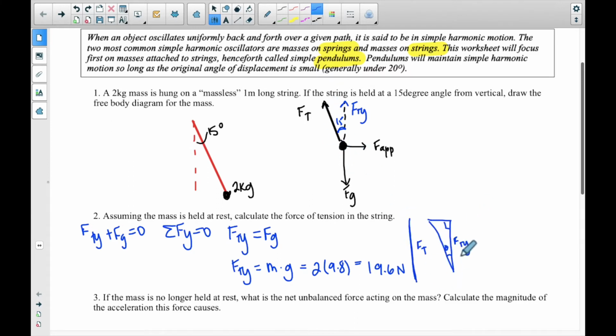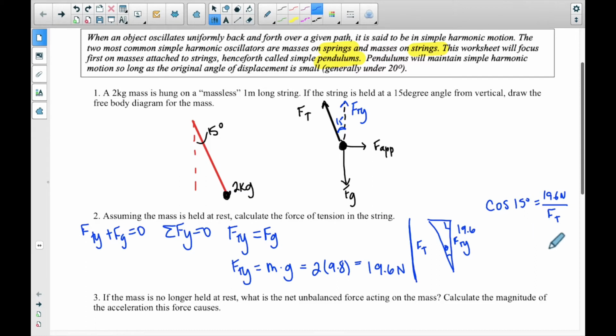Okay, if I go back to trigonometry and I set up this triangle and I look at what's going on, I know my Fty, and that is 19.6, and I know my theta is 15 degrees. We have the cosine somehow. So we could say that the cosine of 15 degrees is adjacent over hypotenuse. That is 19.6 newtons over the hypotenuse, which is F sub t.